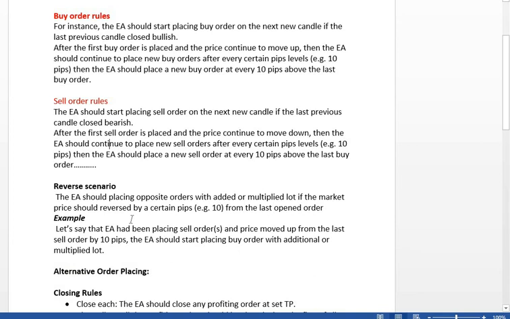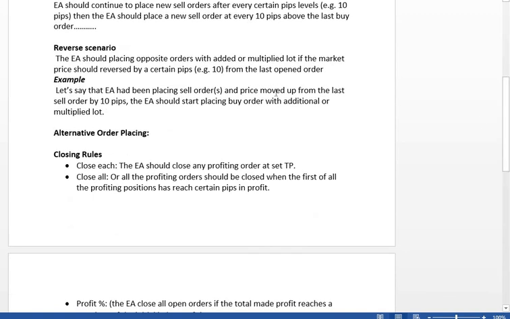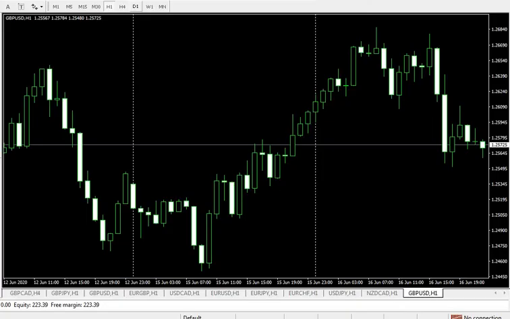So that is it. Then let's now look at reversal. The reversal scenario. When the market reverses, what happens? The EA should place a new order. For instance, let me give an instance.